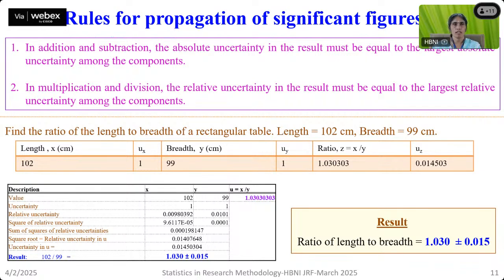For example, when you divide 102 by 99, if you follow the rule strictly, the result will be 1.030 plus or minus 0.015. If you do not follow it exactly, just counting the number of significant figures, misleading results may occur. This point should be clear to all of you. In multiplication and division, you have to follow the relative uncertainty conservation rule.